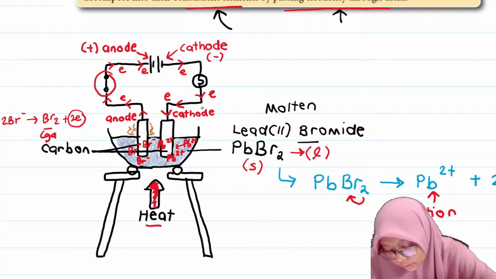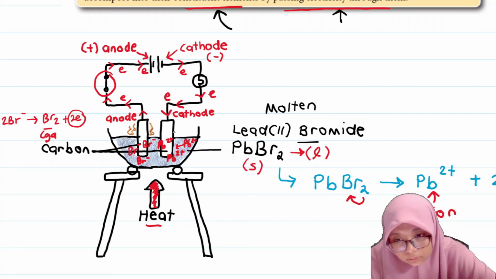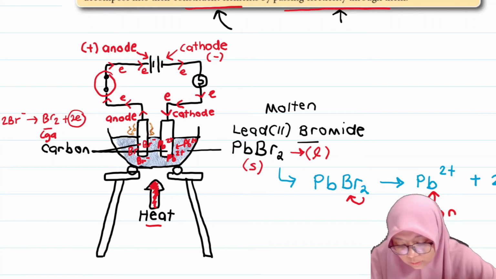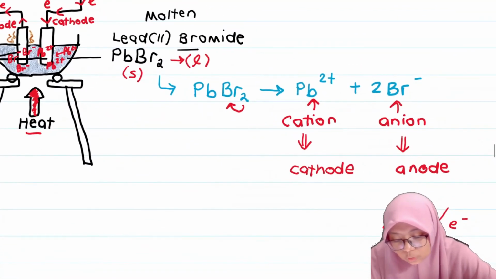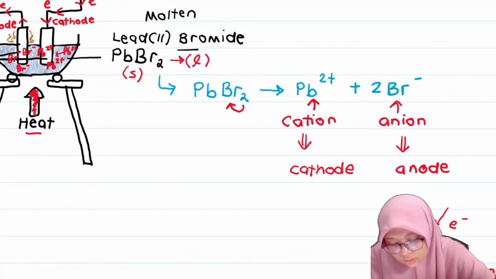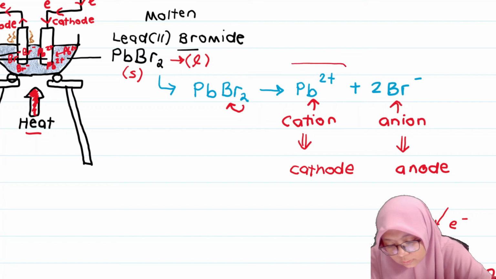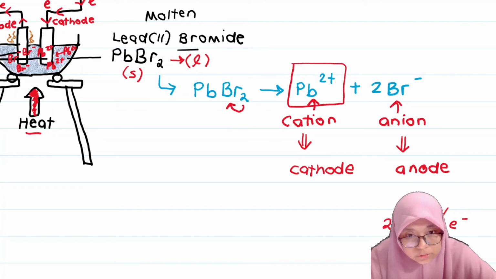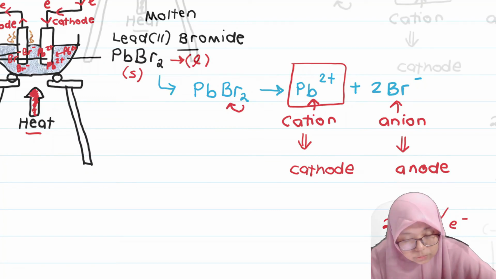So when the electron reaches the cathode, there must be an ion that accepts the electron released by the bromide ion. Which ion will accept the electron? The only ion that exists in the molten lead(II) bromide is the Pb2+ ion. So this is the only ion that can accept the electron, and of course the positive ion can accept electron.